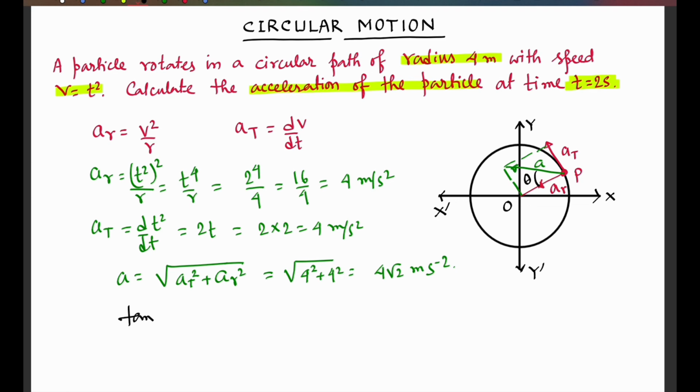Therefore, tan theta is a_t by a_r. Now at time 2, the tangential and radial accelerations are the same, so this is 4 by 4, equal to 1. Therefore, theta is equal to 45 degrees. Now, from this method, we can calculate the radial and tangential acceleration of a particle at any instant.